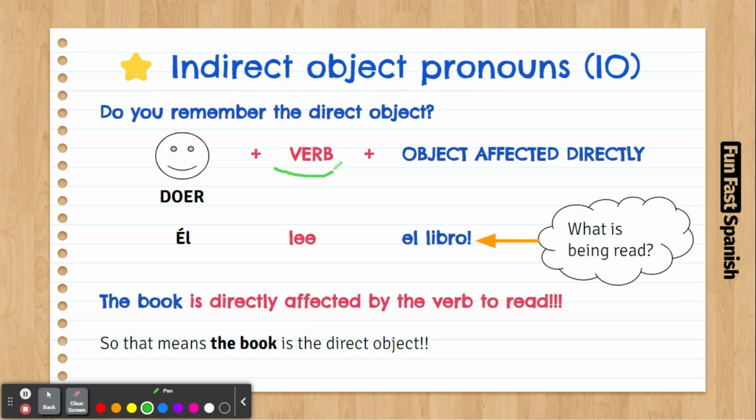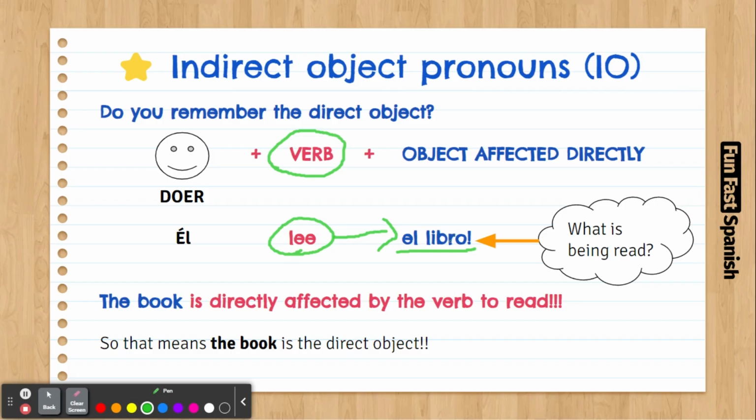Let's say, él lee el libro, he reads the book. What is being read? The book is read. Because the book is read, it's affected by the verb to read. Therefore, this is the direct object, right?